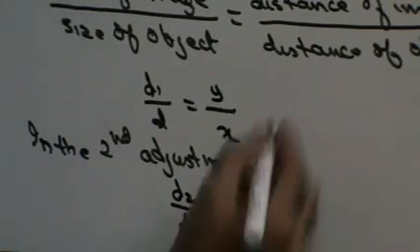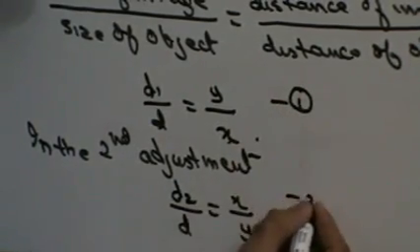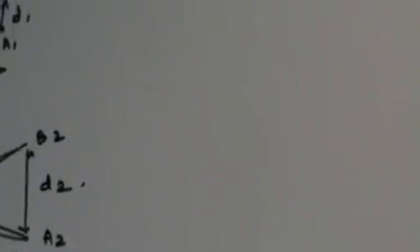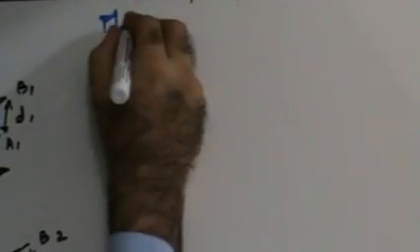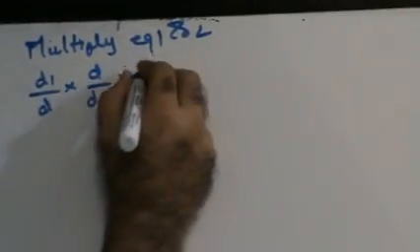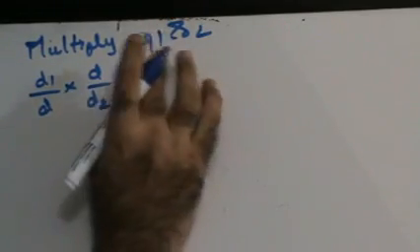Call this equation 1, call this equation 2. Multiplying equation 1 and 2, I'll get d1 upon d into d upon d2 is x upon y into y upon x.